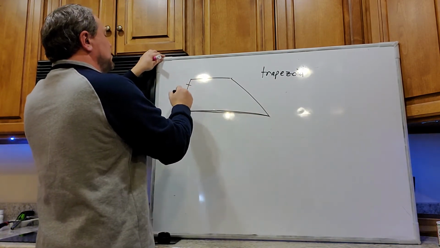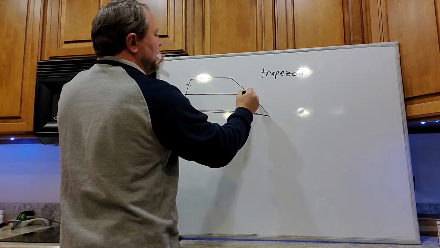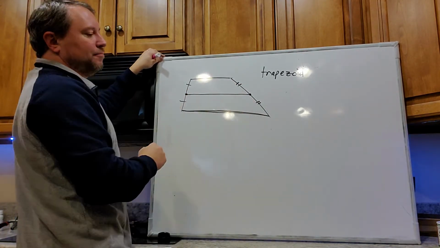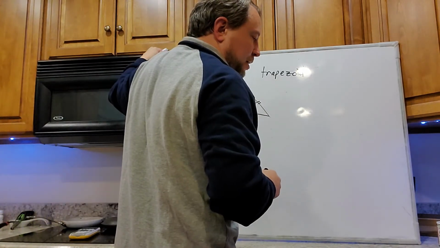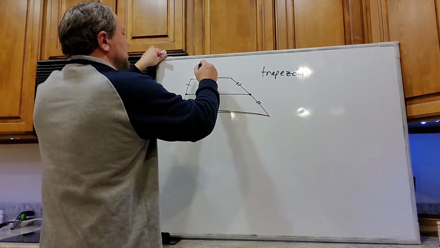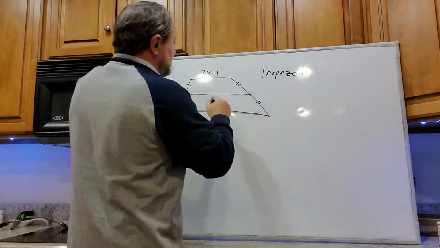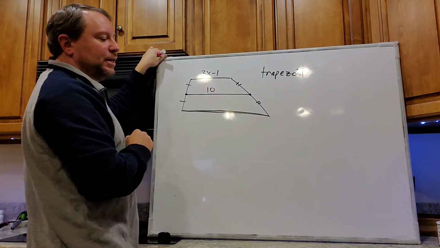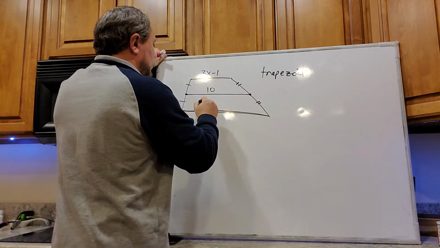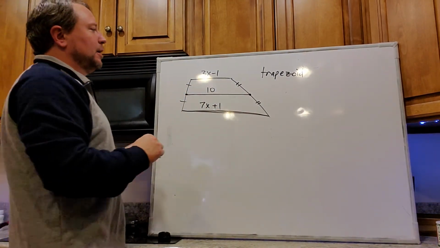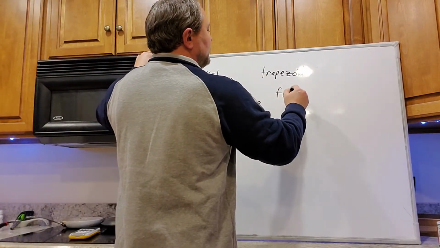Let's say there's the middle of that leg, and I'm going to connect it over here to the middle of that leg. So that's a median. Okay, and what if I told you this up here was 3x minus 1, that upper base. Let's say the median I give you as being 10, and the lower base is 7x plus 1. And I said, okay, find x.